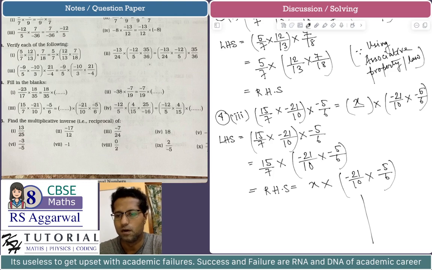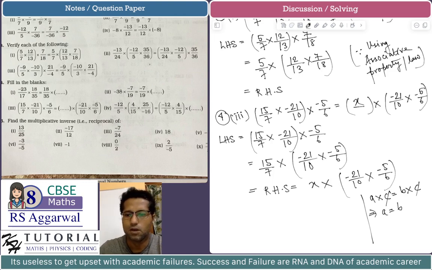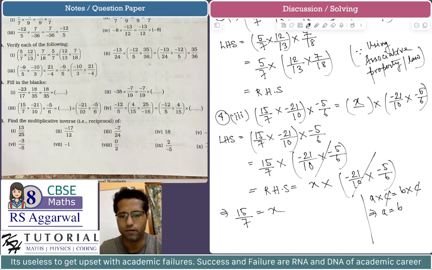So this is a general concept that if you have an equality of the form a multiplied by c is equal to b multiplied by c, where a, b, c are some numbers, they could be integers, rational numbers, fractions, decimals, natural numbers, whole numbers, whatever, and c is some non-zero number, you can always cancel out c and say that a equals b. So from this equality, we can cancel out the same part. So this will imply 15 by 7 is equal to x. So x is equal to 15 by 7.